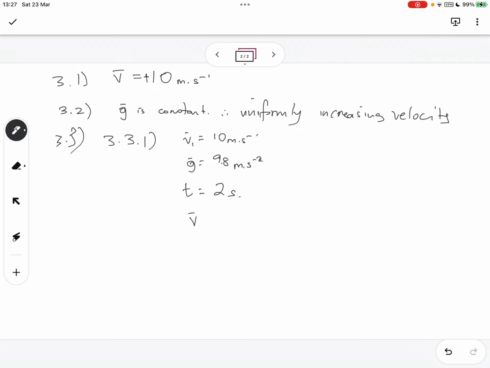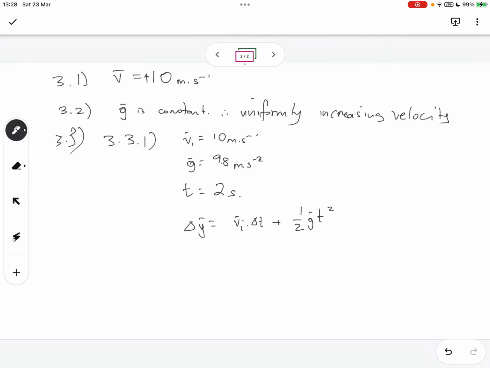Then we can go to our formulae that have height or change in displacement. We can use this one or that one, so we'll just use change in displacement. Change in displacement equals initial velocity times change in time, plus a half times acceleration due to gravity times the time squared.